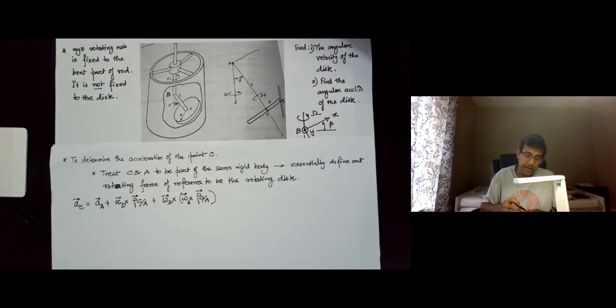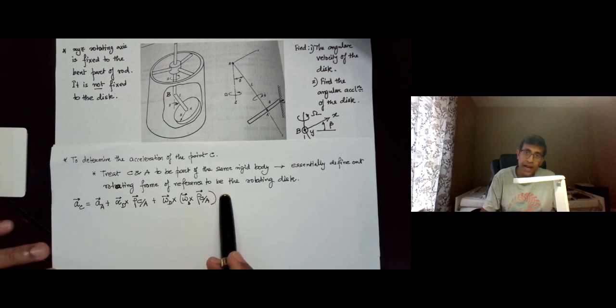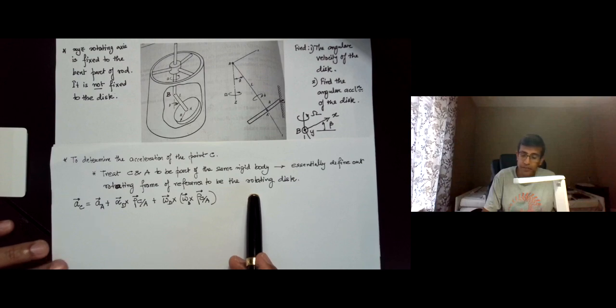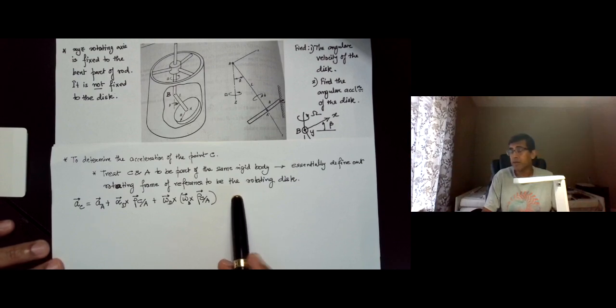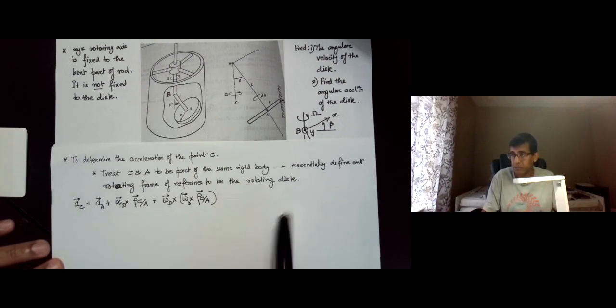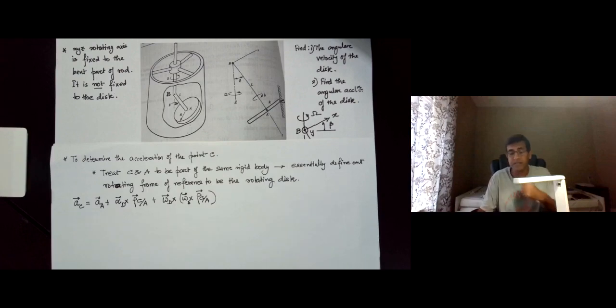So keep in mind that because we are considering our reference frame to be fixed to the disk, we don't have to add the two more terms, the Coriolis term and the angular acceleration in the rotating frame term. So of the 5-term acceleration expression, it reduces to 3 because our reference frame is fixed to the disk.